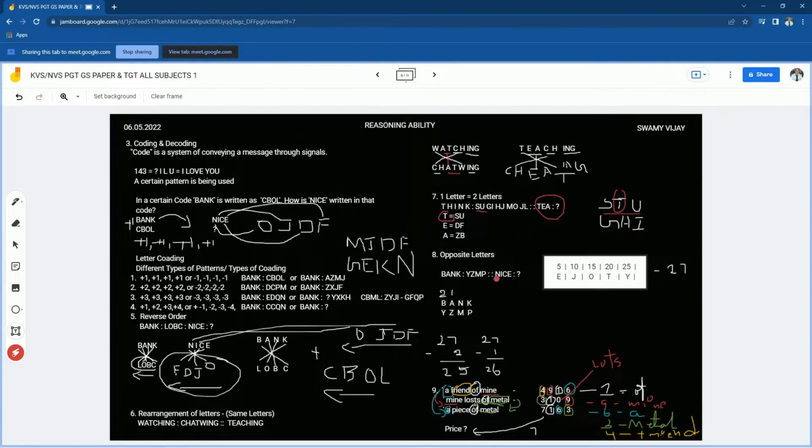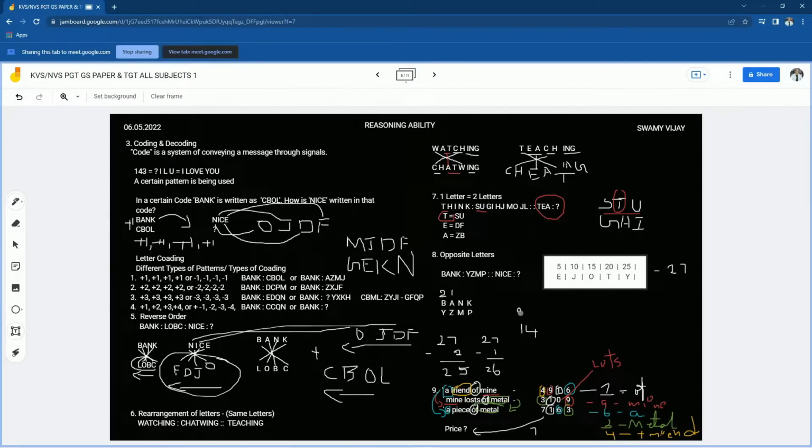Yes, sir. Now tell me, Preeti, how M is being used for N? N का नंबर बताओ, काउंट करो A B C D E F... 14, sir. 14. N मतलब 14, correct? Others also tell me 14, correct?